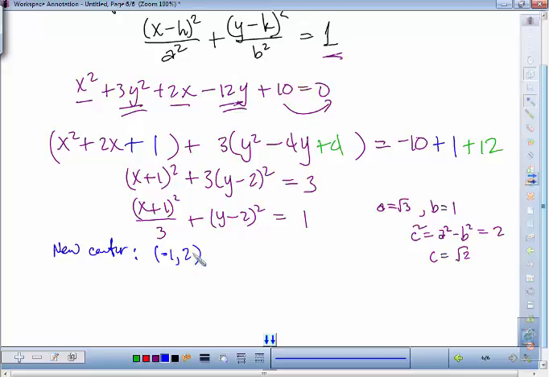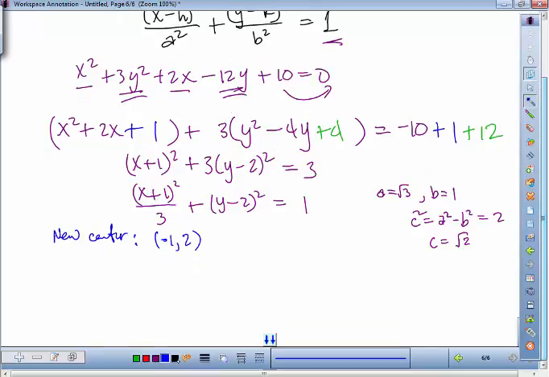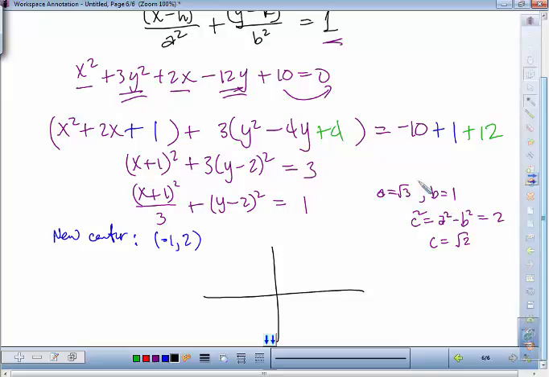So from there, to get to the vertex, so imagine, I don't know if I want to do this, but I'm going to do it anyways. Imagine this thing, a is equal to square root of 3. Square root of 3 is about what? 1.7, something like that? And then your b is 1.